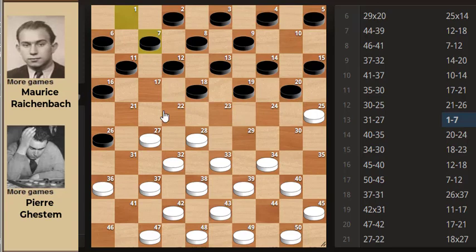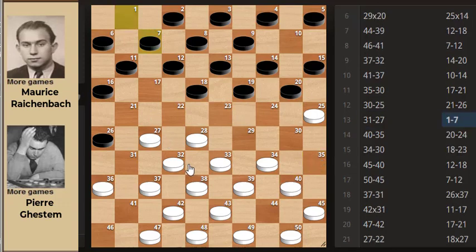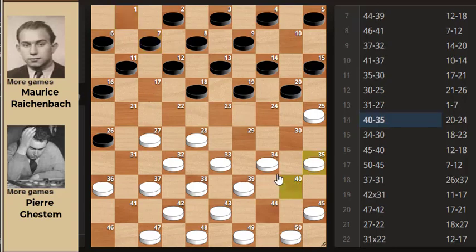Morris answered the 31-27 move by playing 1-7. Let's see how Ghestem answered this move. He played 40-35. Let's draw the square and see how the move was calculated.